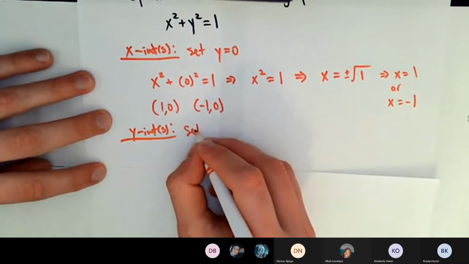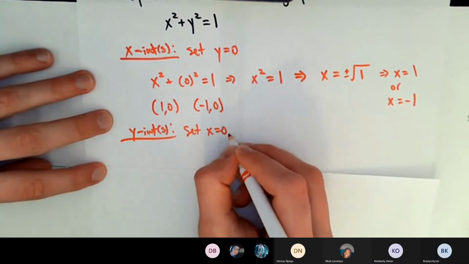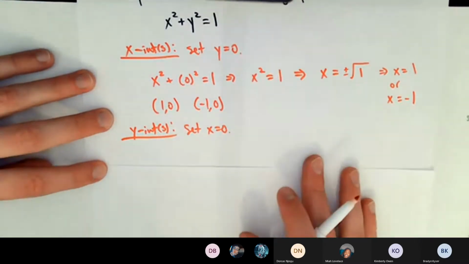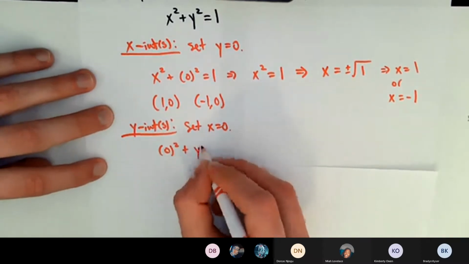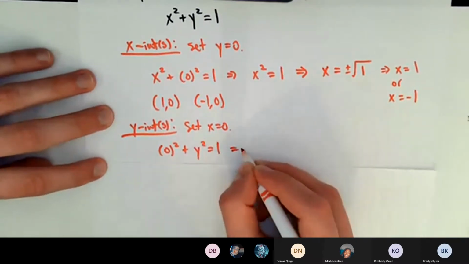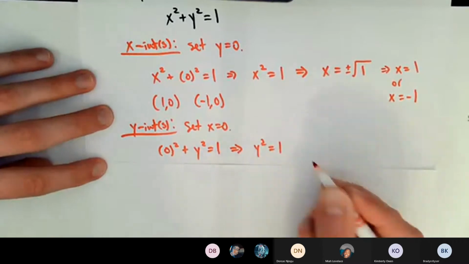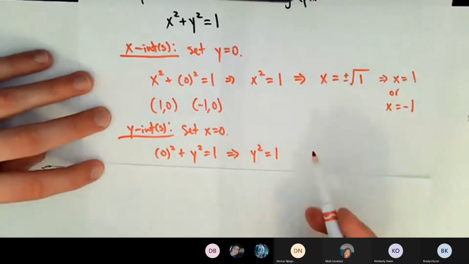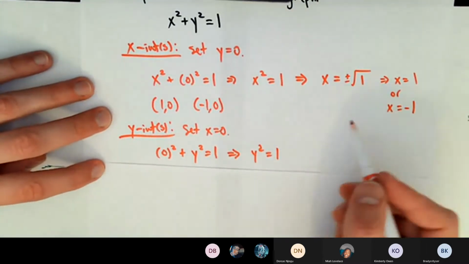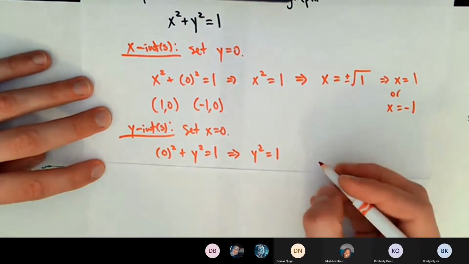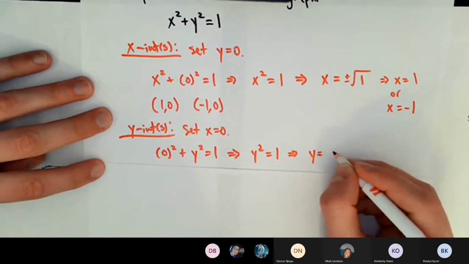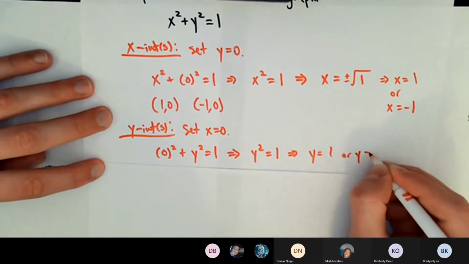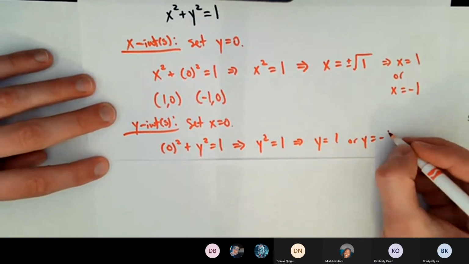The y-intercepts, we're setting x equal to 0. And you're going to see something very similar happening here. If x is 0, we have 0 squared plus y squared is equal to 1, which just yields y squared is equal to 1. But that's the exact same equation, it's just the letters are different, right, as the first step up here. So I'm just going to skip the steps and say y is equal to 1 or y is equal to negative 1.